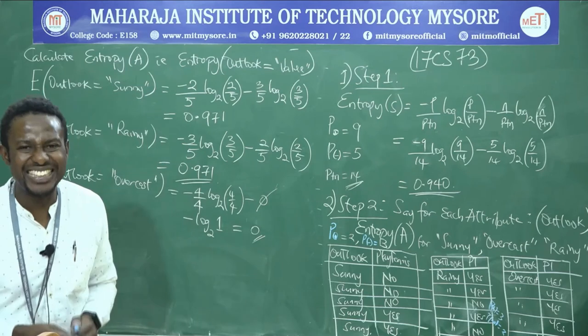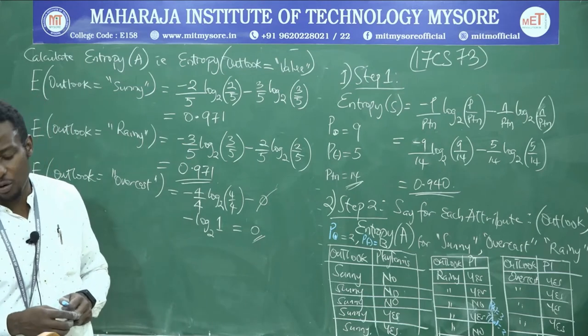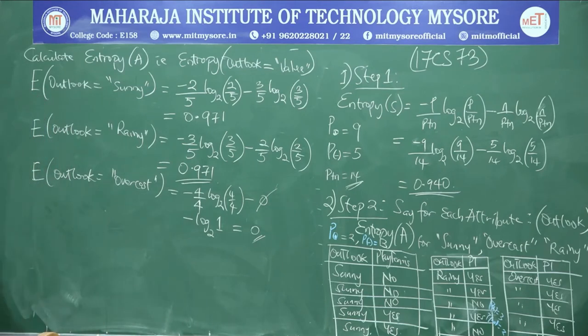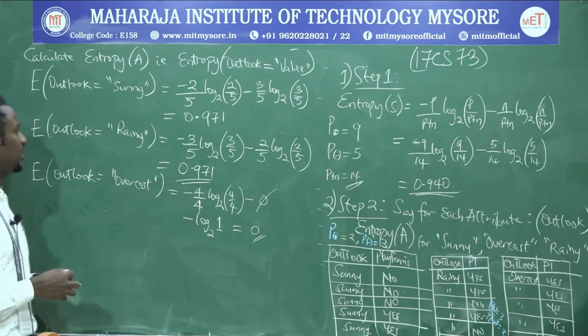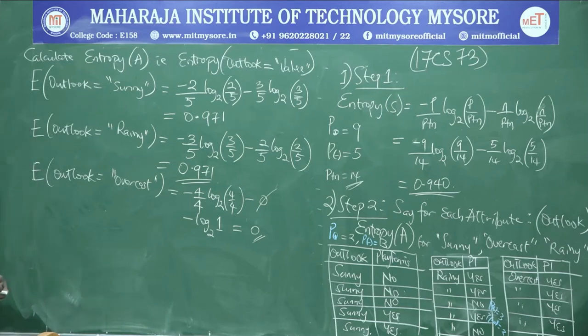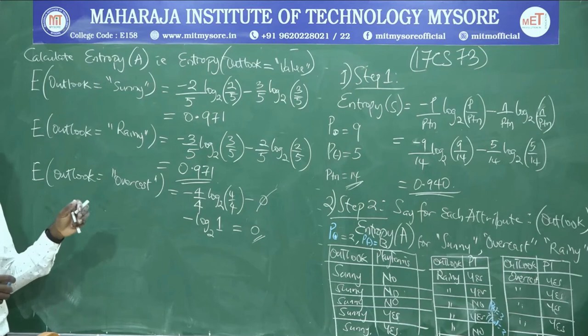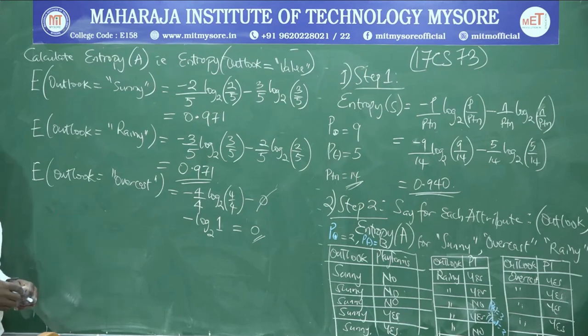You have to compute the average information entropy. This enters the subset of step 2. Step 3 is where you pick the highest gain attribute. Here we calculate the average information entropy.